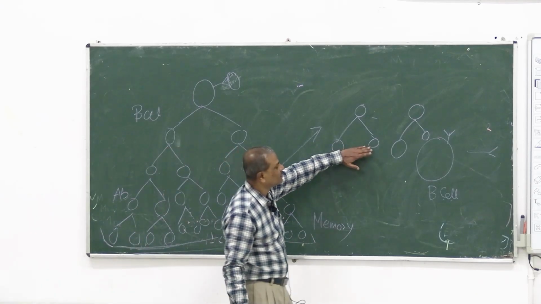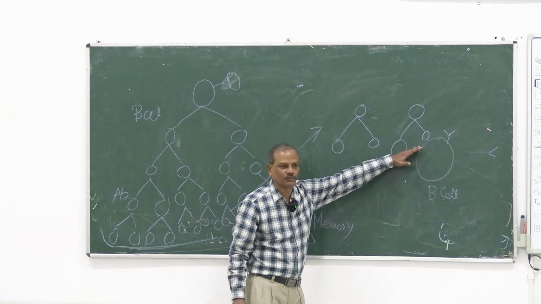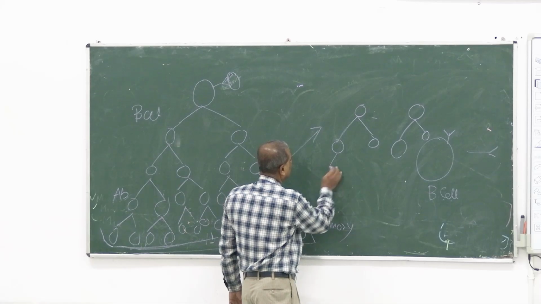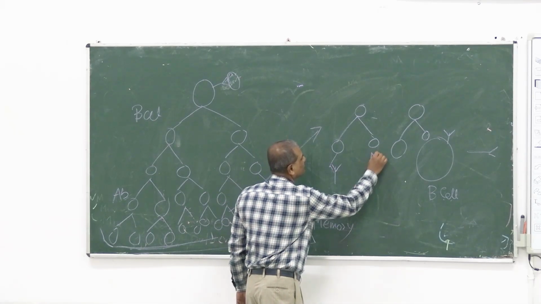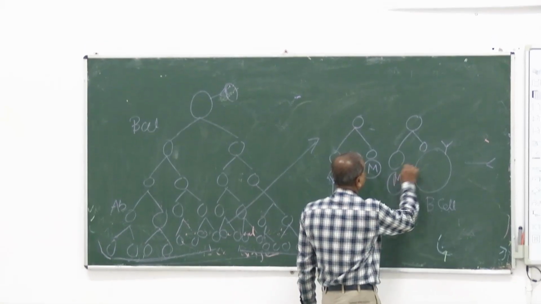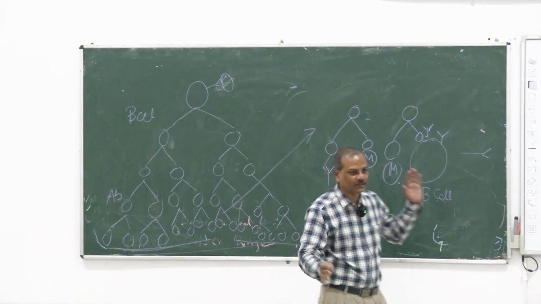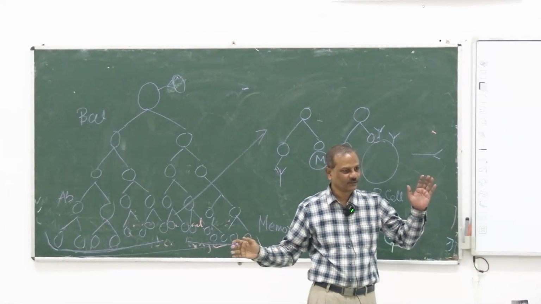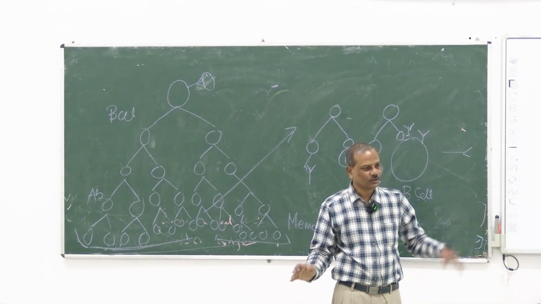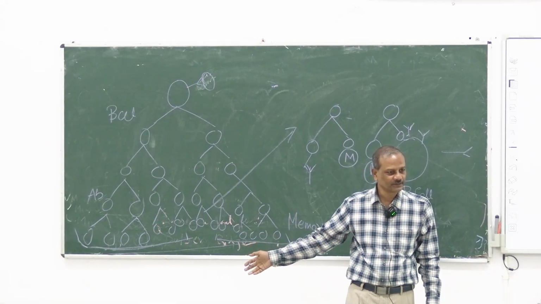Maybe these 2 cells are producing antibody and these 2 are memory cells, or this one is a memory cell and this one is producing antibody. It can so happen. So at the end of clonal expansion, we get memory cells and antibody-producing cells. The antibody secretion will be much higher because the number of cells has increased.